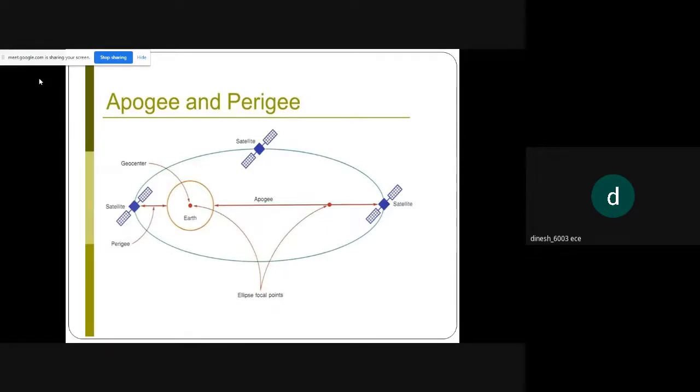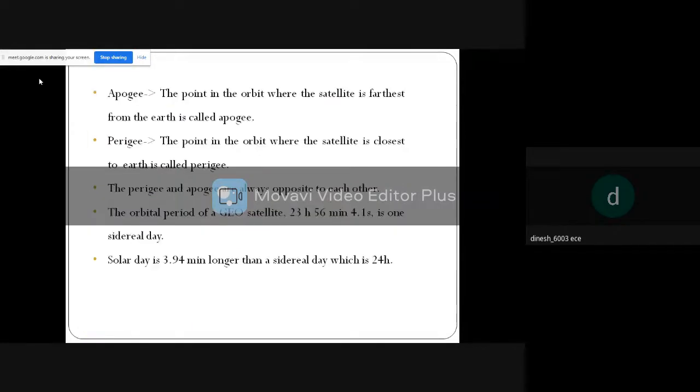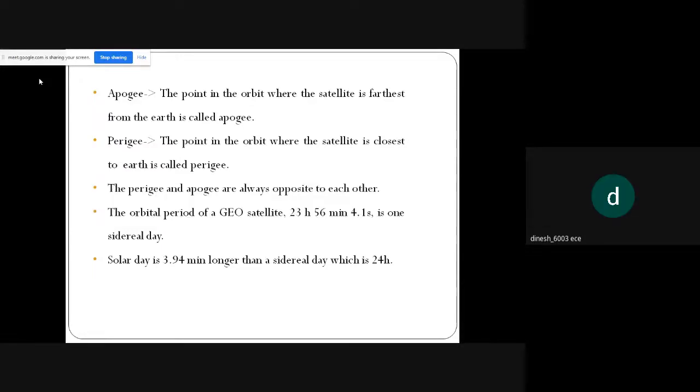So apogee and perigee, two different definitions. The definitions which I told you are given here. Apogee is the point in the orbit where the satellite is farthest from the Earth. Perigee is the point in the orbit where the satellite is closest to the Earth.